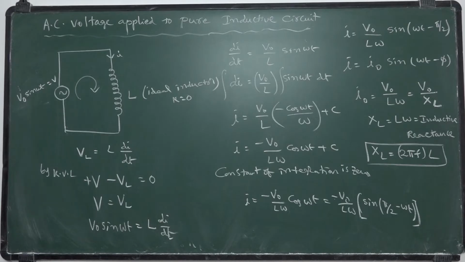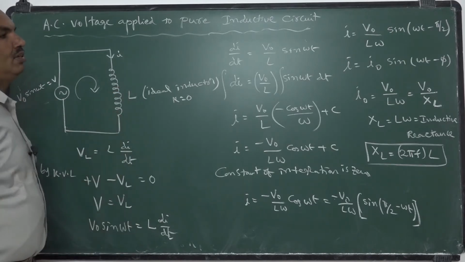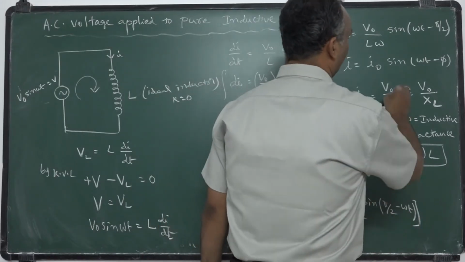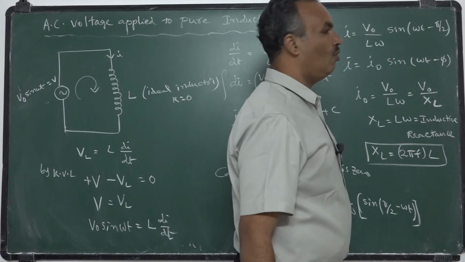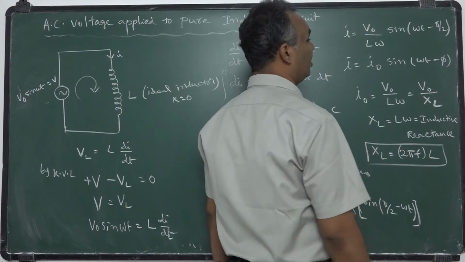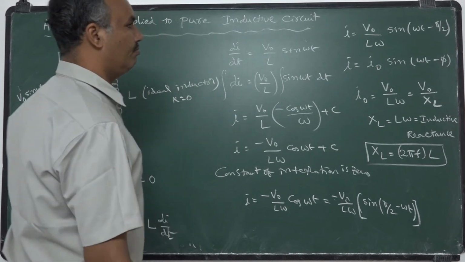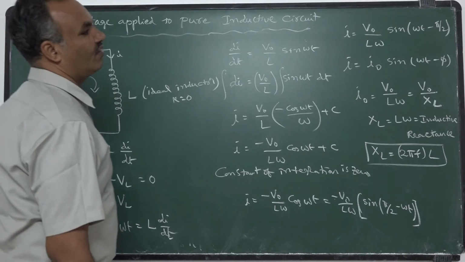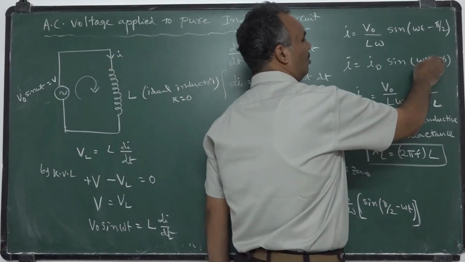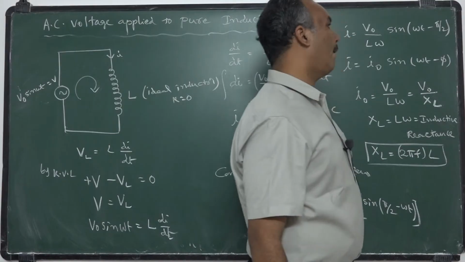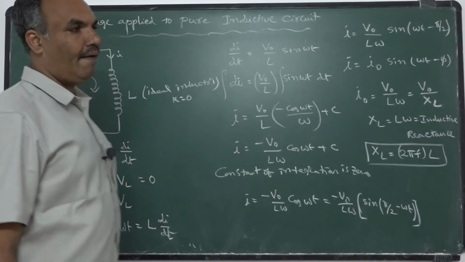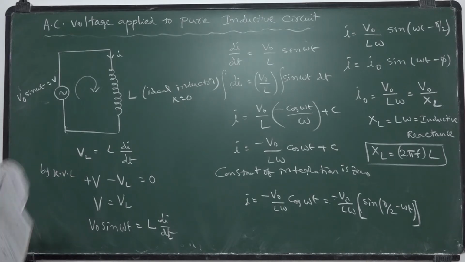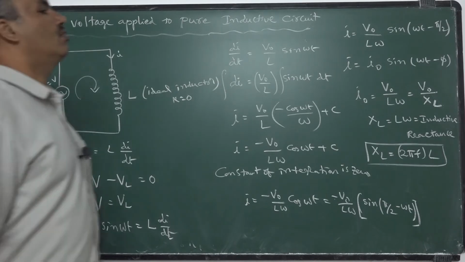So due to the presence of inductor, we observe the peak value of current in the circuit is given by V naught by L omega, and also there is a phase difference between voltage and current. The phase of voltage is omega t, the phase of current is omega t minus phi. So current is lagging behind the voltage by a phase angle of pi by 2.